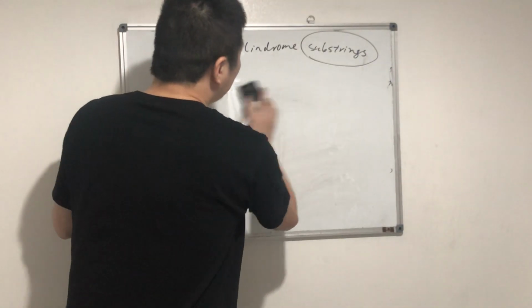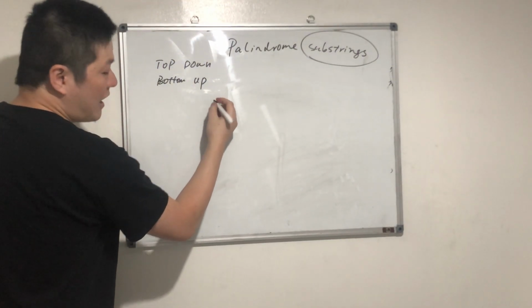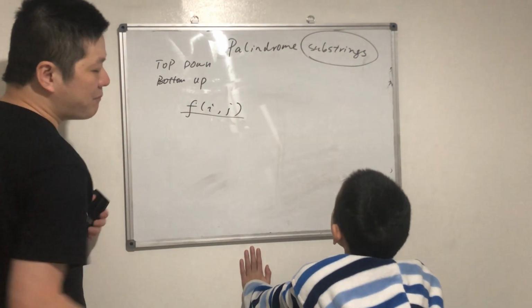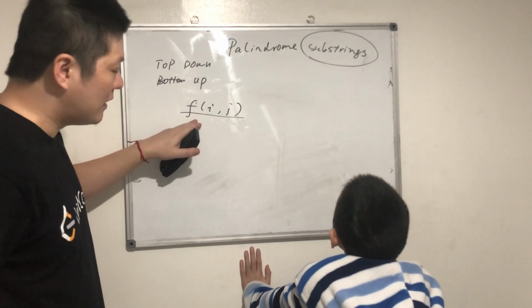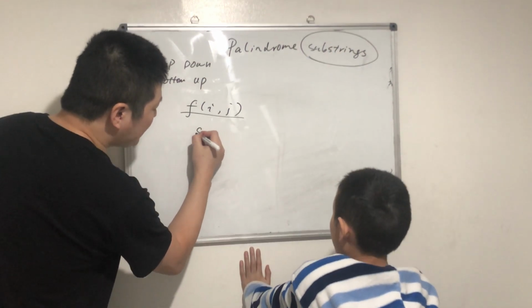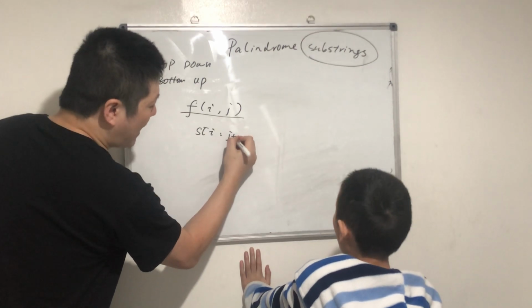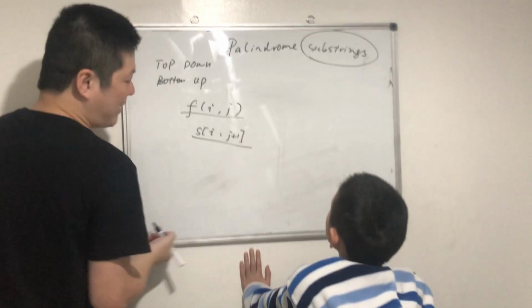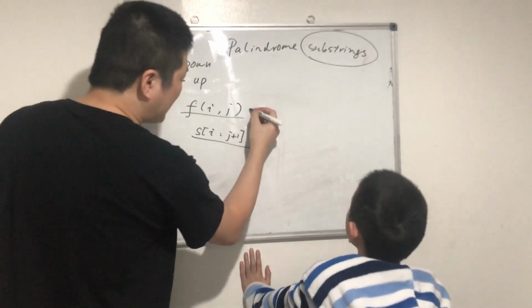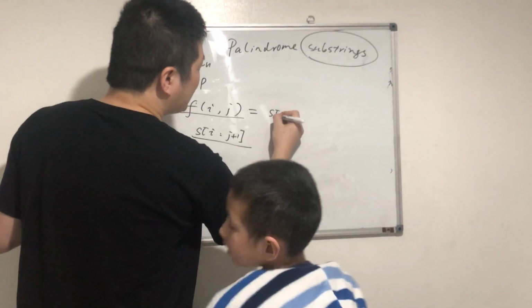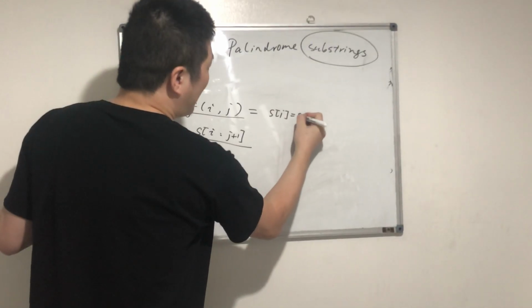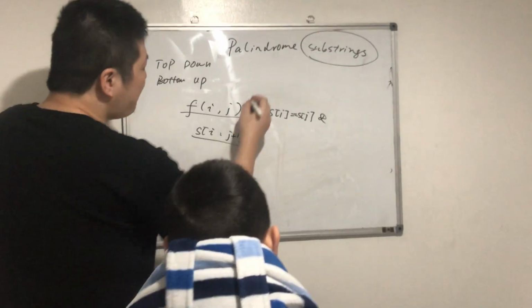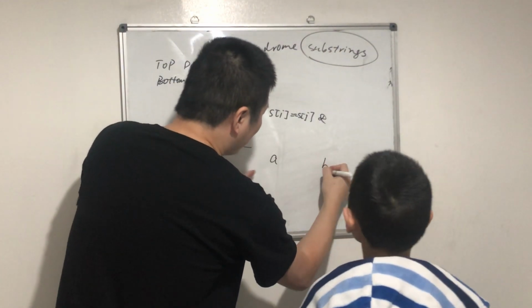If I use a function F(i, j), F(i, j) means the substring S from I to J plus 1 is a palindrome. So what does it mean? It equals S[i] equals S[j] and... If this is a palindrome, I don't care how many are in there.